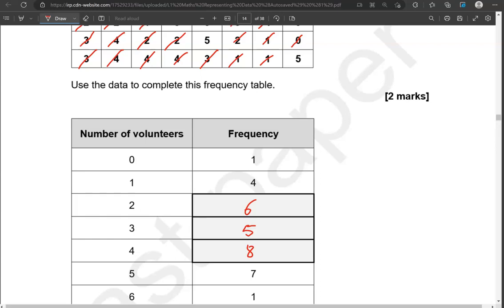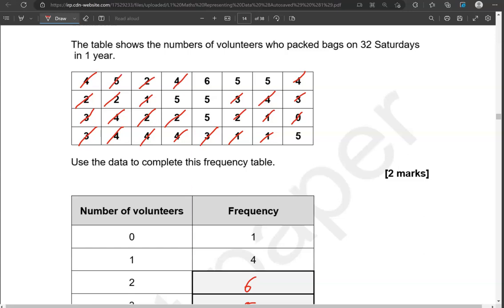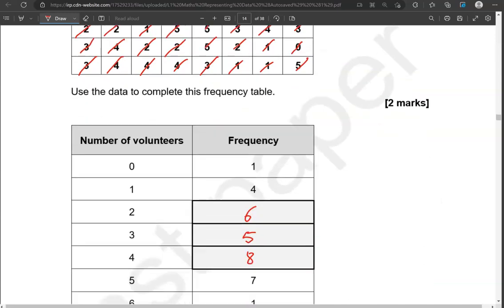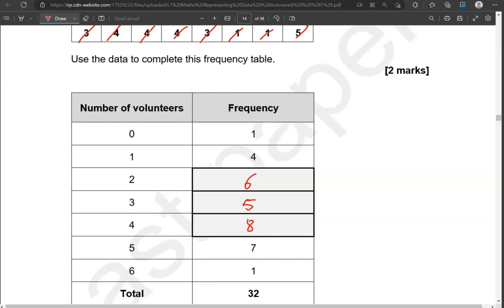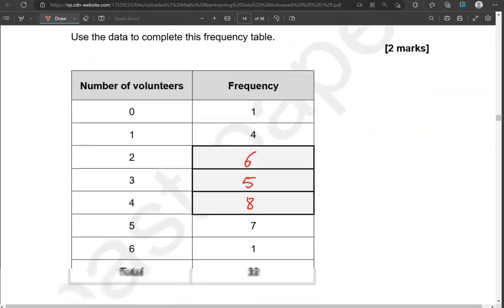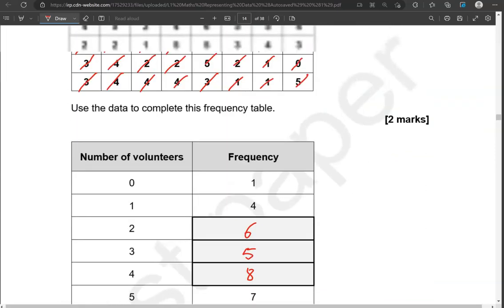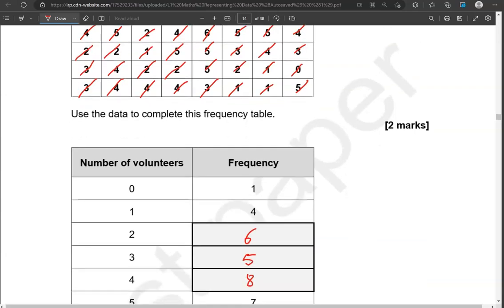Number of volunteers is 5. Let's check, do we have 7 of them? So 1, 2, 3, 4, 5, 6, 7. And number of volunteers 6. We should have just one of them. We've crossed out everything in here, so that shows we've done this correctly.